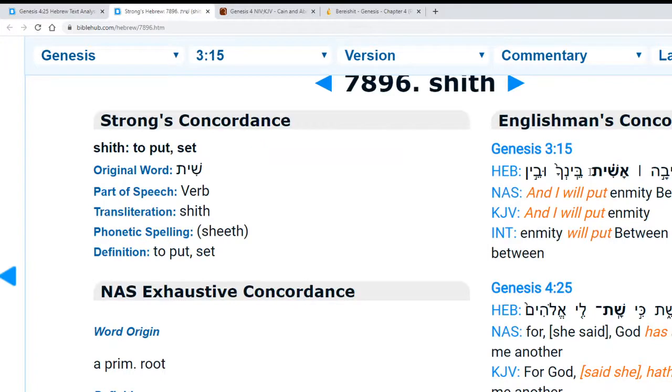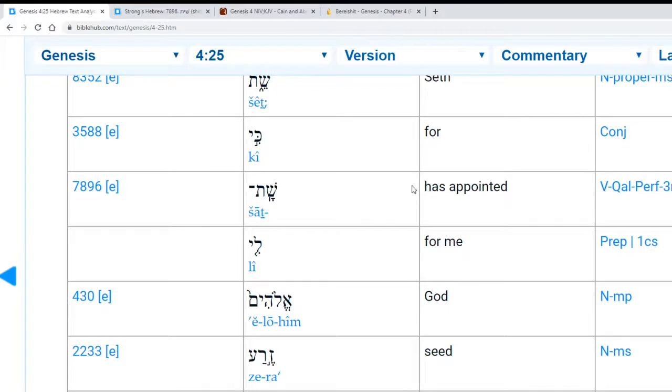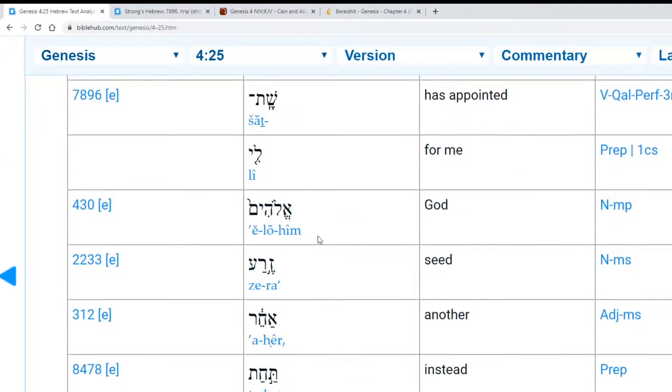We had it in verse 3 as well. Ashit, right? God says, and I shall put. Okay. I guess it's not used in modern Hebrew very much, if at all. Shat li, so it's the prepositional lamed, the yud for me, Elokim, right? That is the name Elokut.